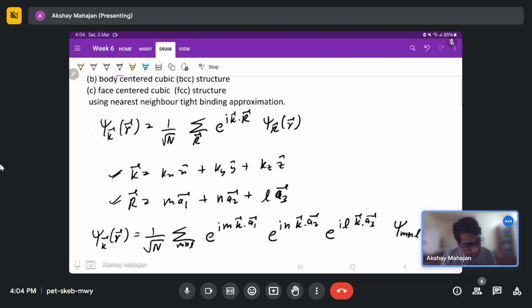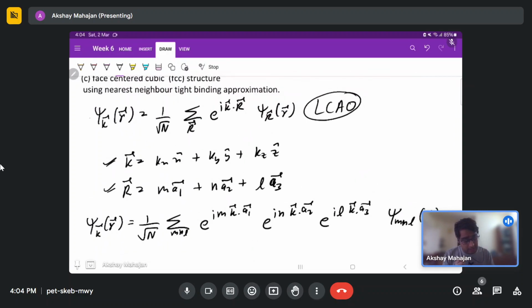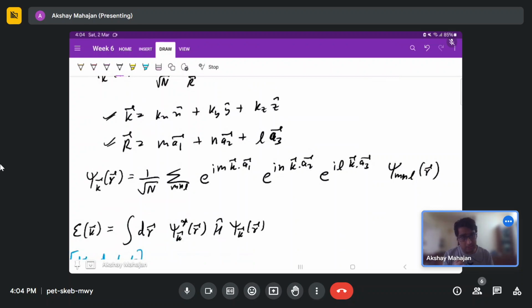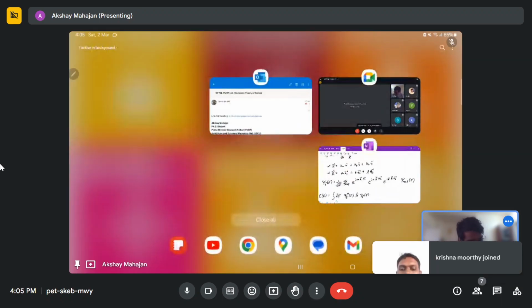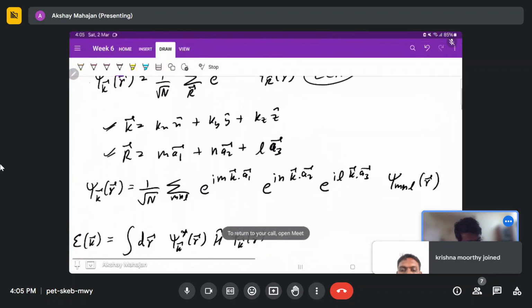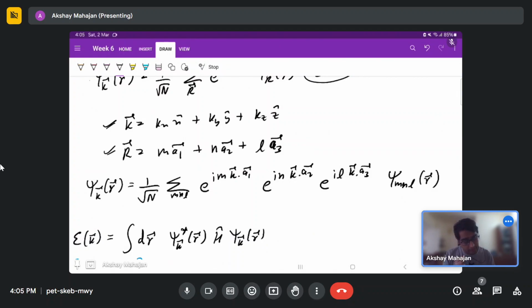So first of all, just a recap of what we did. This is how we can write our wave function in the linear combination of atomic orbitals, LCAO approximation. Then we have our k vector as kx x cap, ky y cap, kz z cap, and our R vector, which is the real lattice vector.